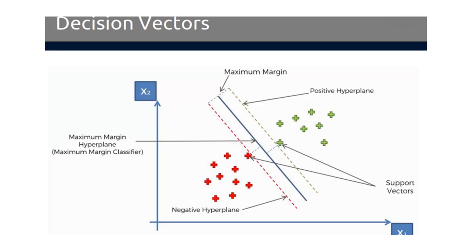If the point lies on the green side, the model predicts high performing batsman. If it lies on the red side, the model predicts low performing batsman. So the decision learned during training is used to classify new unseen data.